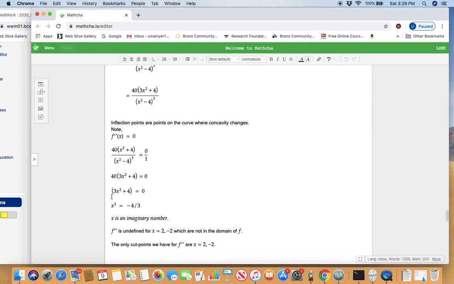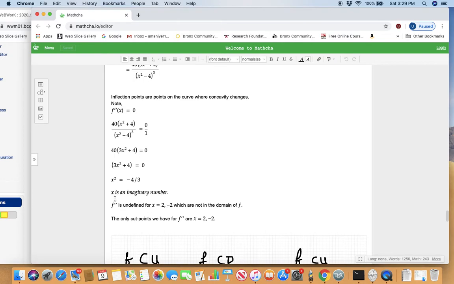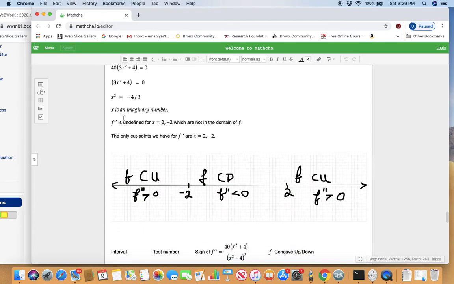Take the 4 to the other side, divide by 3. x squared is a negative number. If a square is a negative number, my x is imaginary. In other words, I have no chance of solving this in the real world. So the second derivative is undefined at 2 and negative 2, which are not in the domain, and they are the only cut points.